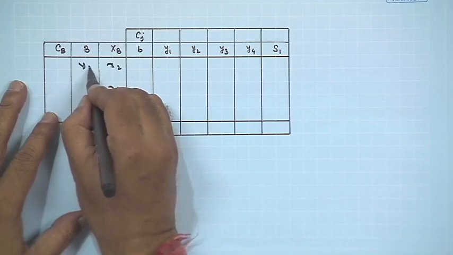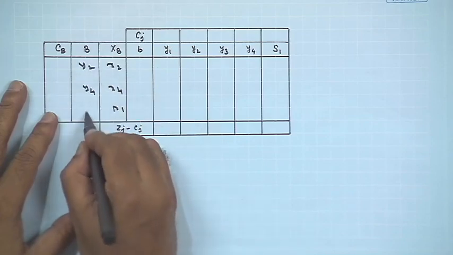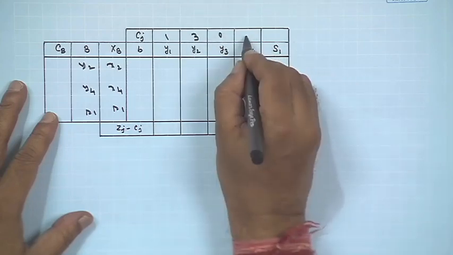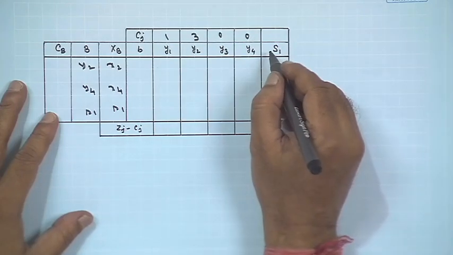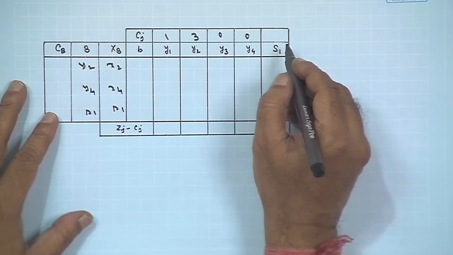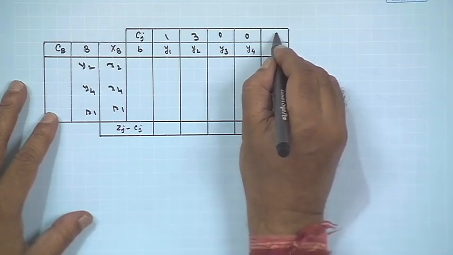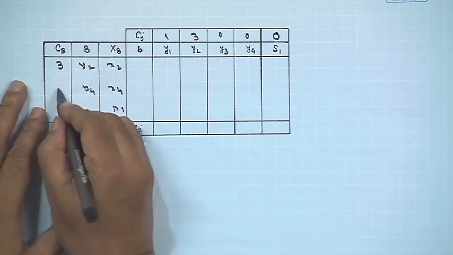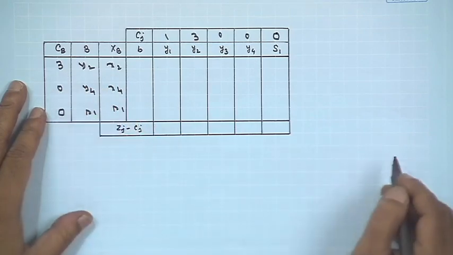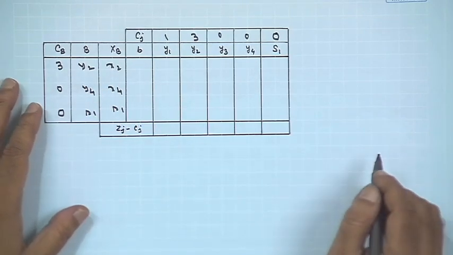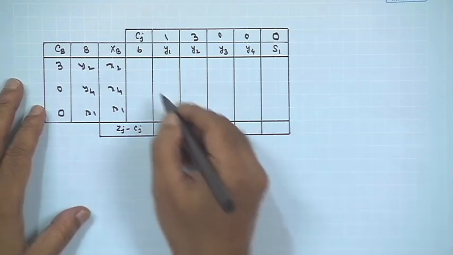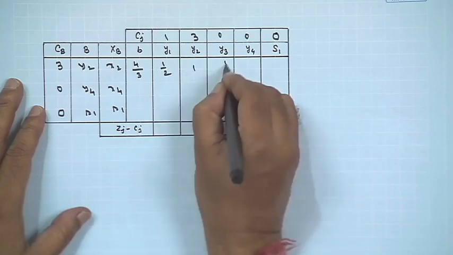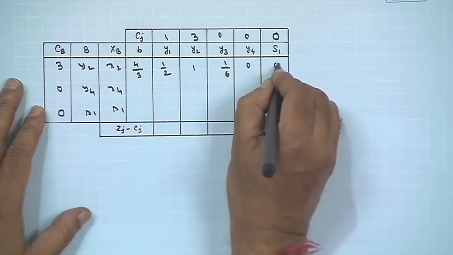So, this will be y2, y4 and S1. Values are 1, 3, 0, 0, and please note that for the slack variable also the coefficient will be 0, so that here you will obtain 3, 0 and 0. Once we are doing it, we write 4 by 3, half, 1, 1 by 6, 0 and 0.